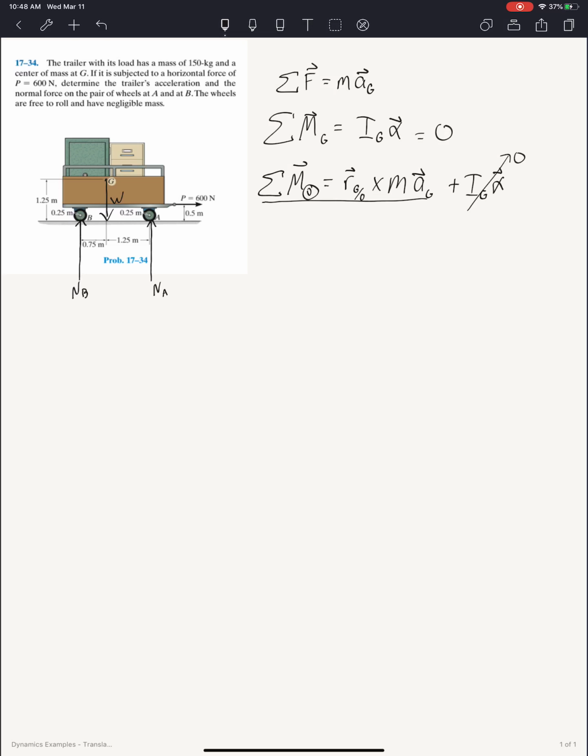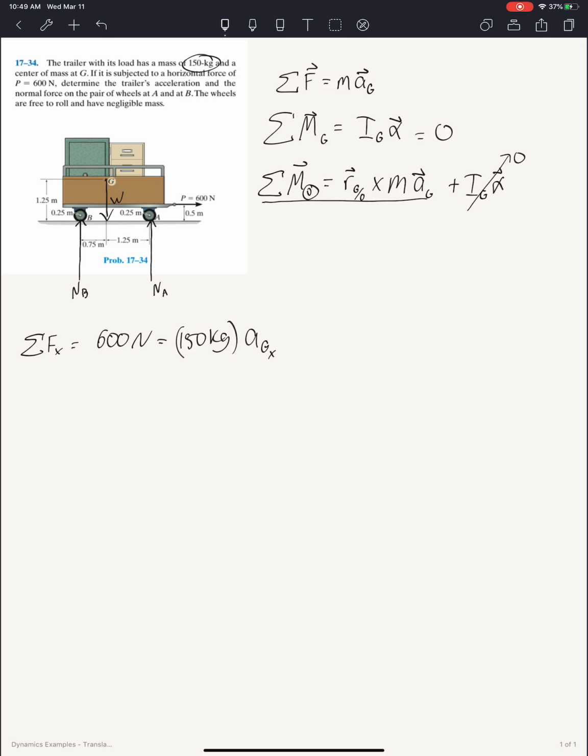I anticipate that this thing is just translating left and right. So when I work on this equation, I need to think about x and y components, or rather, sum the forces in any two directions you like. So let's start. Summing the forces in x, I simply have that 600 newtons is equal to the overall mass, which it gives me here, 150 kilograms, times the acceleration of G in the x direction.